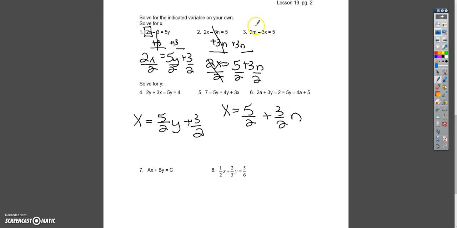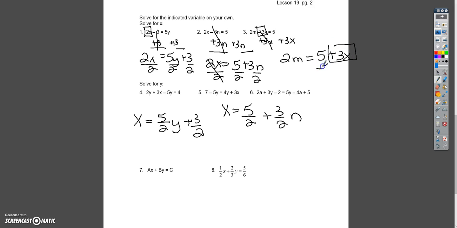Almost. Alright, solving for x. So here's that one where we've got the negative. So I'm going to add 3x and add 3x. So I get 2m equals, that goes away, there's my equals, 5 plus 3x.